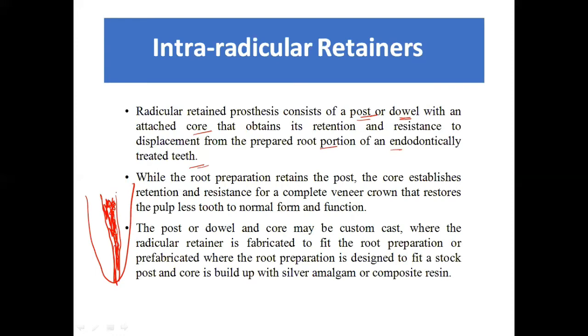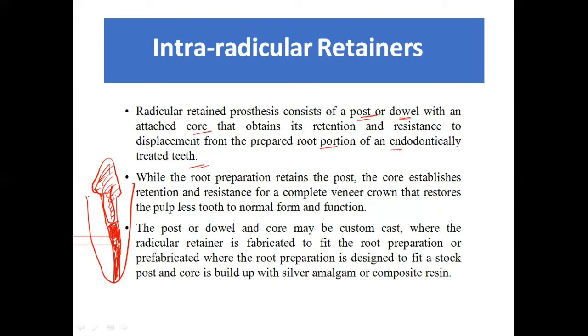But when we are placing a dowel inside it, a post inside it, then we have to remove some part of the gutta-percha, and then we have to place the post through which we have to retain the core over it.